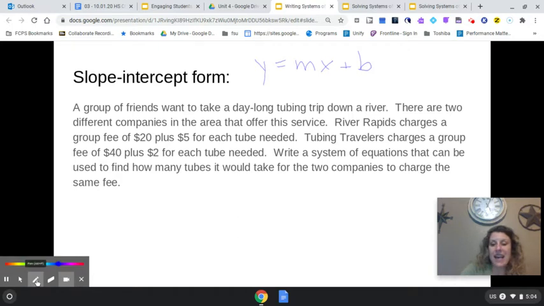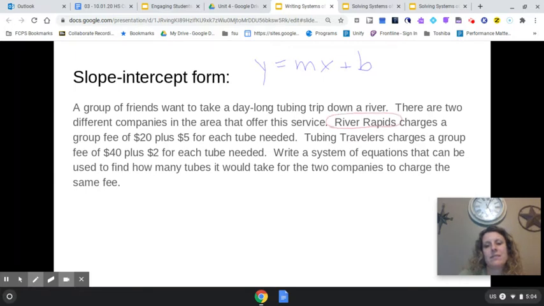All right, again, let's start by highlighting all of the important information in the problem. So in red, I'm going to highlight anything that has to do with River Rapids. It tells me that they charge $20 for a group fee plus $5 for each tube.